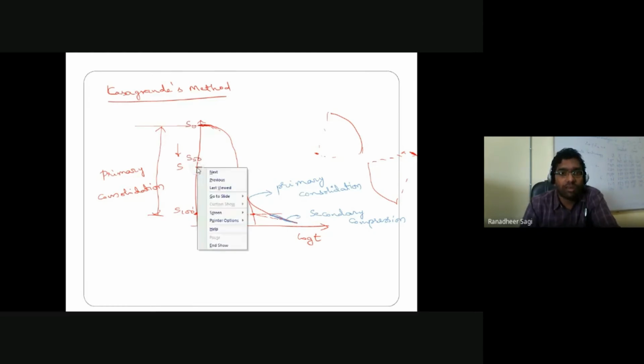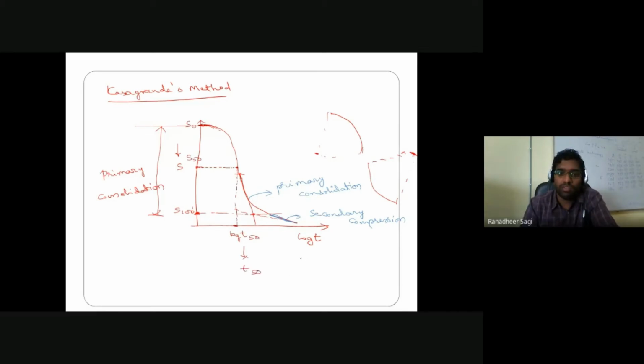If I extend this point onto the curve we have plotted, and wherever it intersects the curve, extend that point onto the horizontal axis, then I get the logarithmic time value corresponding to 50% degree of consolidation. From this, I can write down my T50 value.